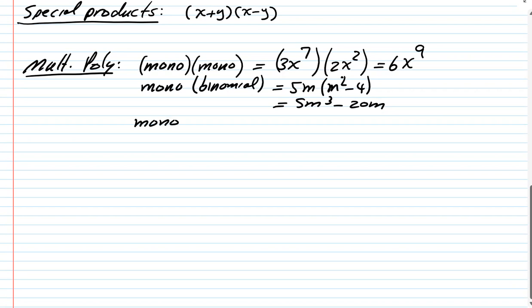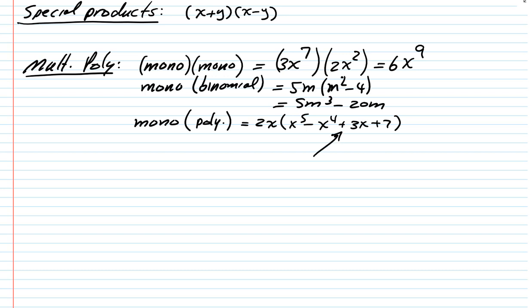Now, I could have a monomial times a polynomial, just anything beyond a binomial. For this one, let's say I'm going to do 2x times (x^5 - x^4 + 3x + 7). See that? That one has 4 terms. And note, by the way, some of the lower degree terms are missing here, like the third degree and the second degree terms. So those will be simply ignored.